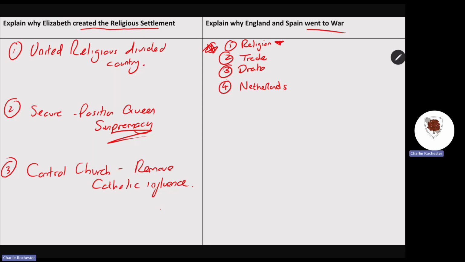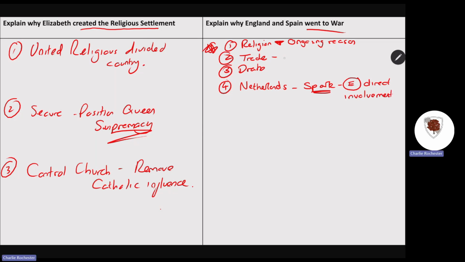I would say religion is number 1, is the ongoing reason. I would say Netherlands was the spark because of Elizabeth's direct involvement.